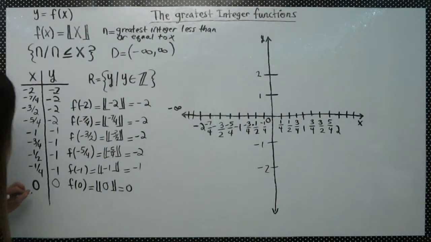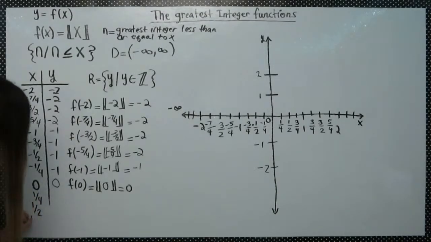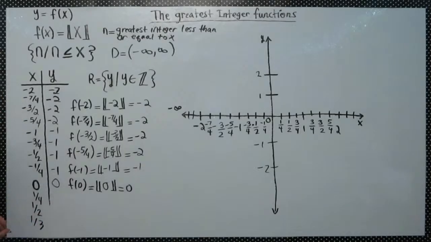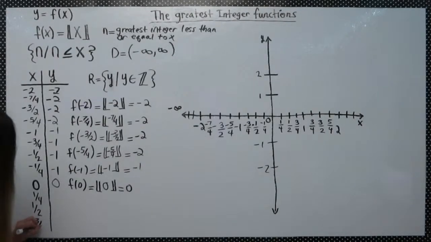So I can say 1/4, 1/2, 3/4. They're all going to 0.